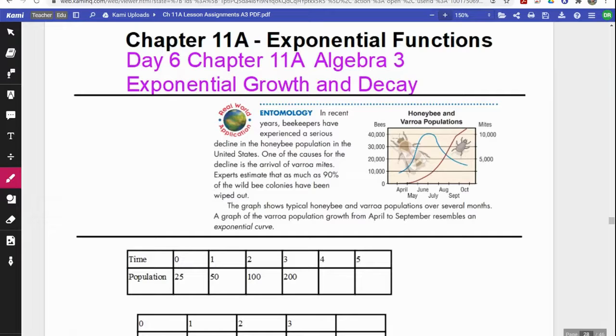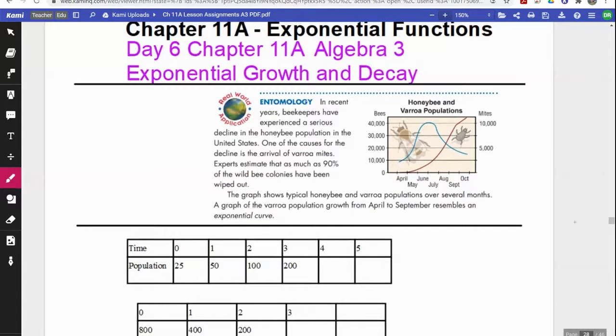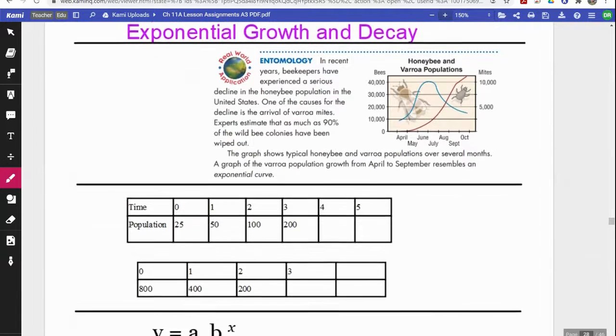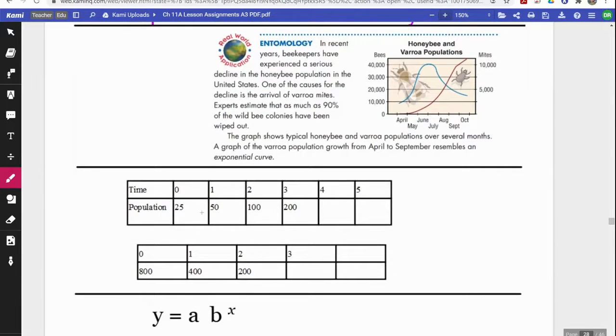This is when we start getting into exponential growth and decay, like what the function of an exponential function actually looks like. So if you had a situation where some population is growing over time, at time 0, at the beginning, there's an initial amount of 25, whatever, ants or whatever we're thinking of.